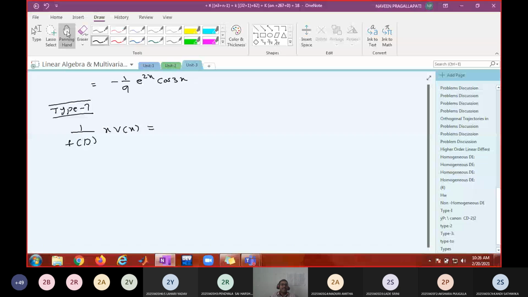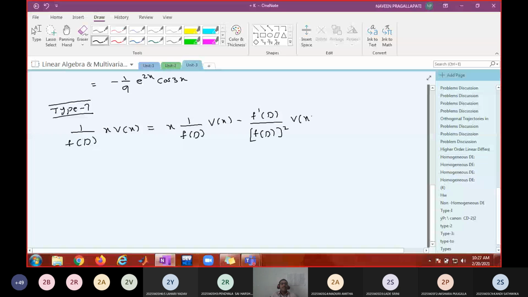Whenever your function is multiplied with x, then apply this formula: x into 1 by f of d of v of x, minus f dash of d by f of d whole square of v of x. F dash of d means derivative with respect to d.